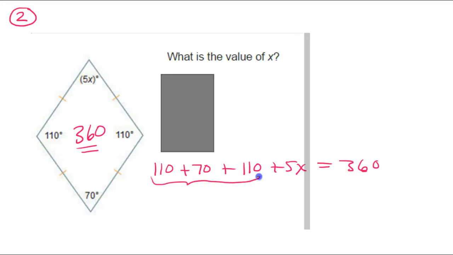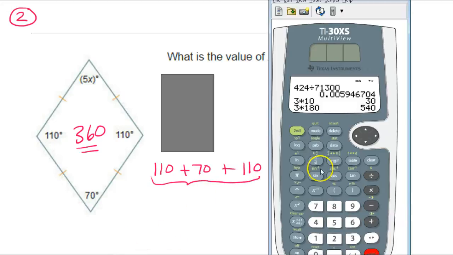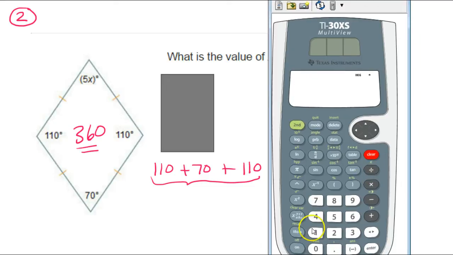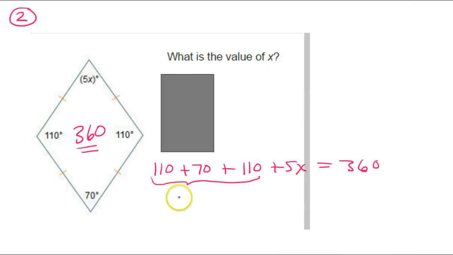Let's see what these 3 add up to be. Okay, 110 plus 70 plus 110. So far that's 290. So I've got 290 plus 5x should equal 360. Then I would subtract 290 from both sides.